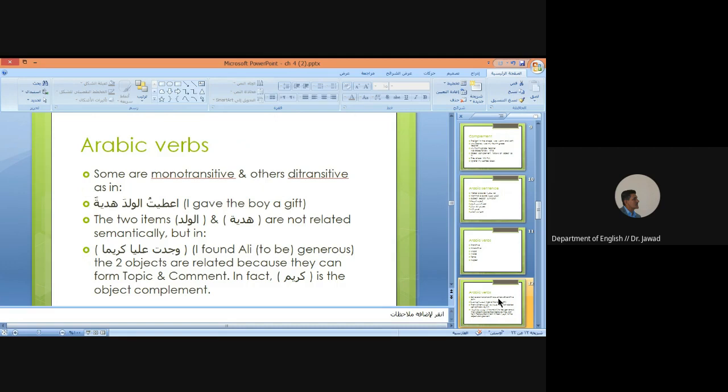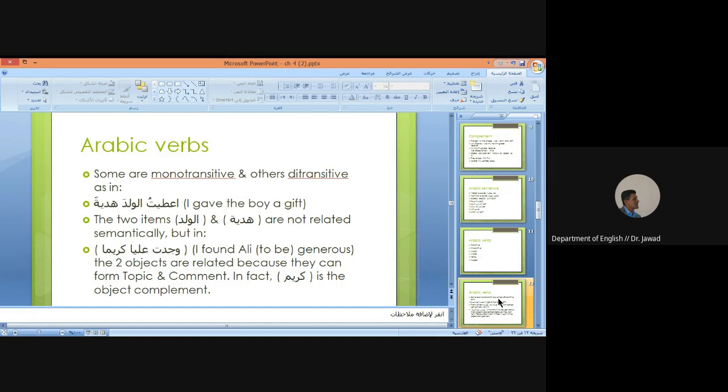Mono, it means one. We have ditransitive verbs when there are two objects. And in Arabic, ditransitive verbs are a limited number. Anyway, let us consider these examples.